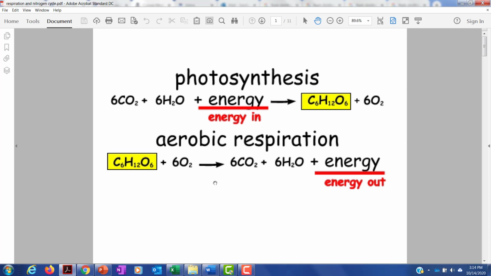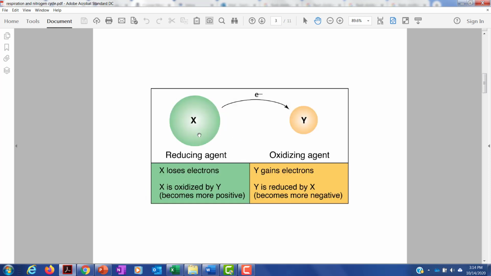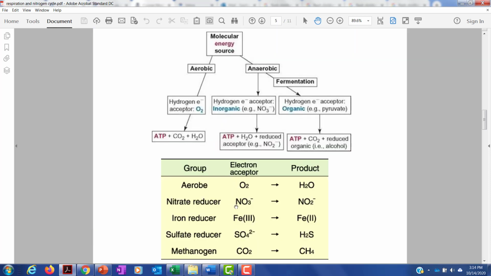And again, when you run out of oxygen as an electron acceptor, you go to other electron acceptors and make these other products. So the reason a swamp stinks sometimes is that you're out of oxygen as an electron acceptor.